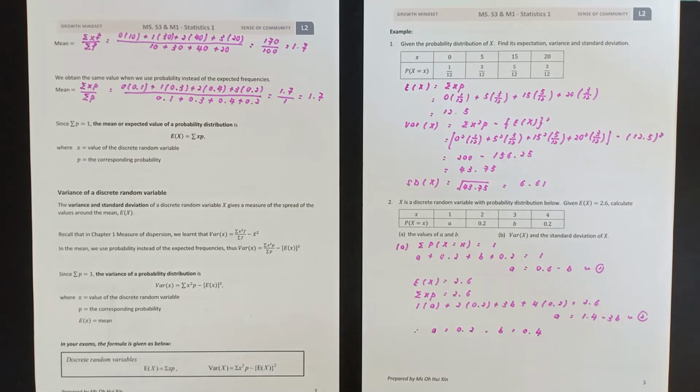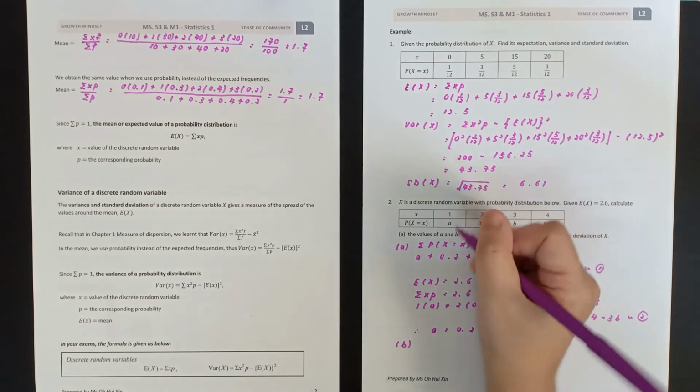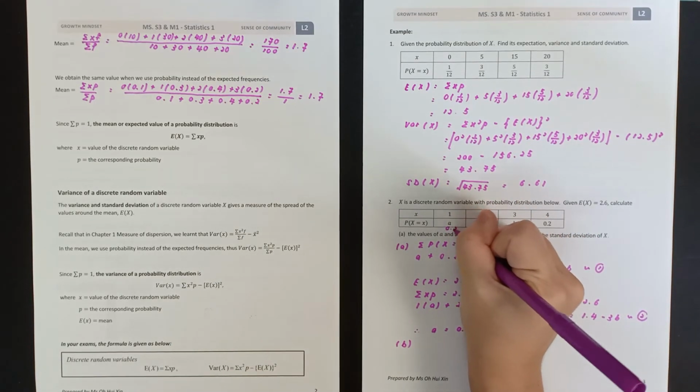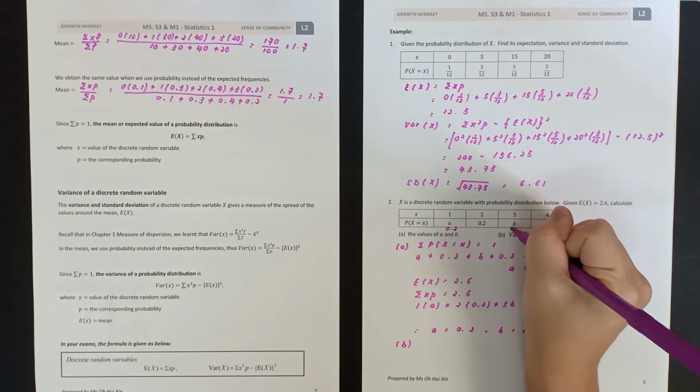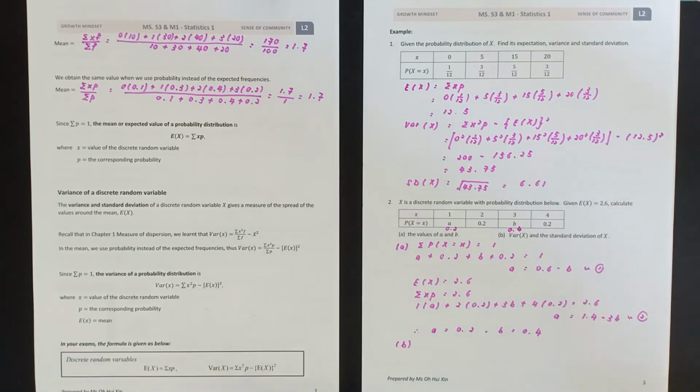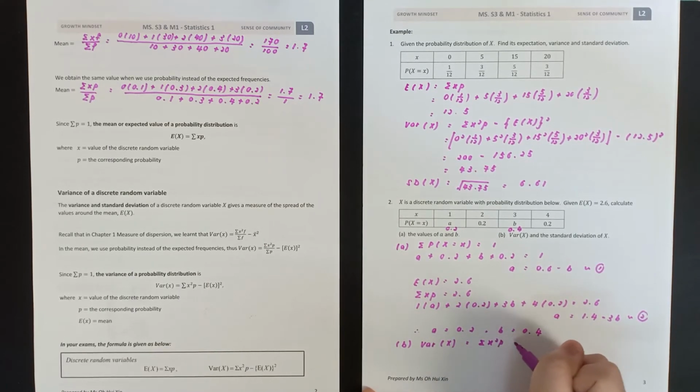Now find the variance. Since you already have the expectation, and you have found that a is 0.2 and b is 0.4, you can carry on with the calculation. The variance of X equals the sum of x squared times p minus E(X) squared.